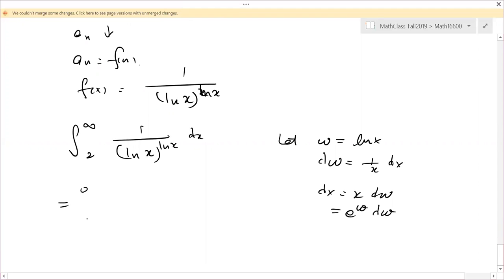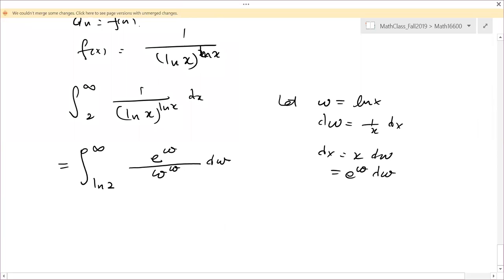So this integral goes from natural log of 2 to infinity, and you will get w to the w and e to the w dw. Got it? I think it's going to be convergent. Can you see why it's convergent? You cannot evaluate this integral, but you can use a comparison to show it.